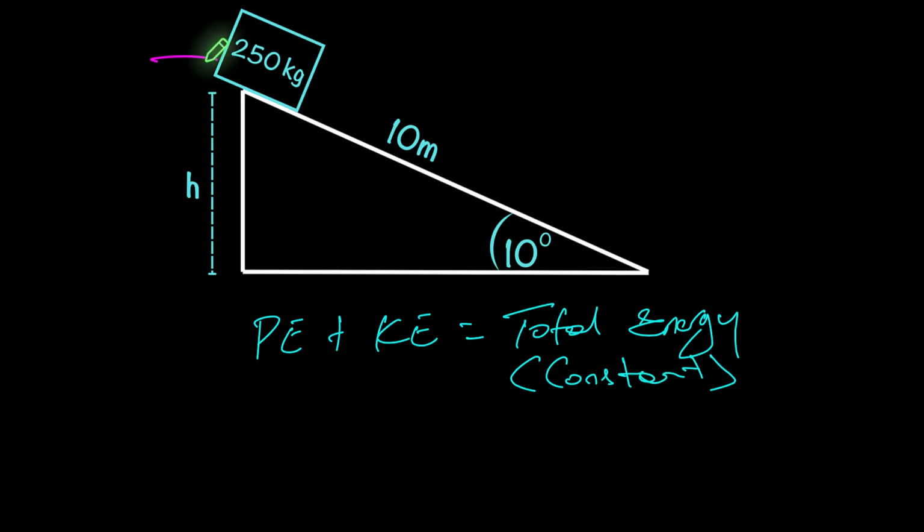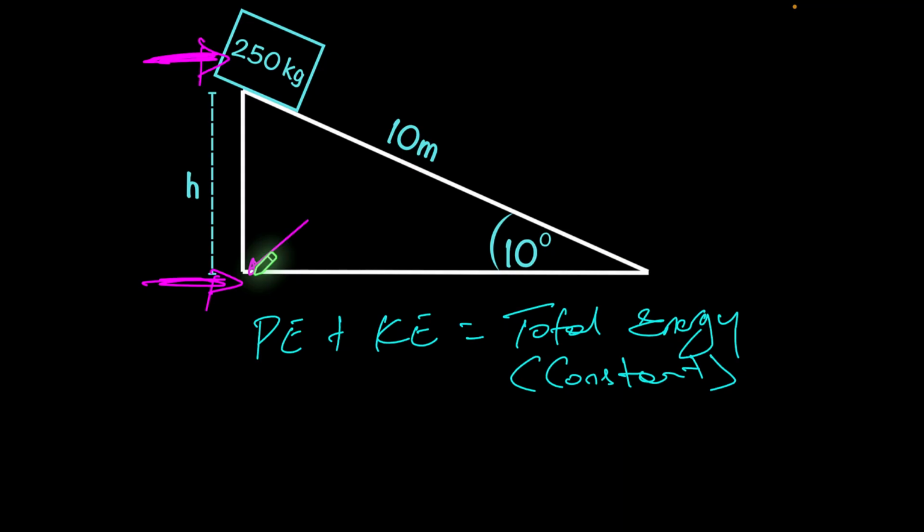As we fall from the top down to the bottom, at the very top we'll have maximum potential energy, and just before we hit the datum, our potential energy is going to be zero. It is the reverse for our kinetic energy: at the very top, before we start moving, our kinetic energy is zero, and just before it hits the ground it's going to be maximum, meaning the same as what our potential energy was.